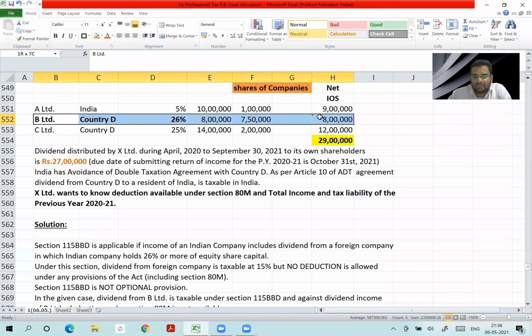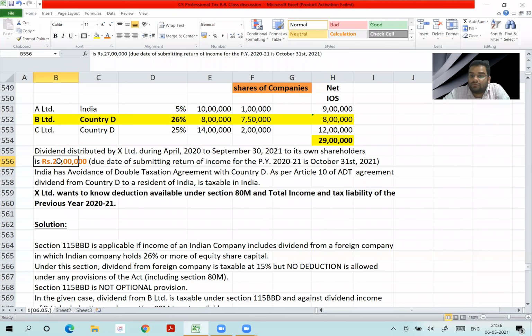So here, no deduction. If no deduction here, then what is your dividend other than from specified companies? Dividend other than from specified companies is 9 plus 12, 21 lakhs. Allowed will be 21 lakhs or 27 lakhs, whichever is lower. So allowed will be 21 lakh.